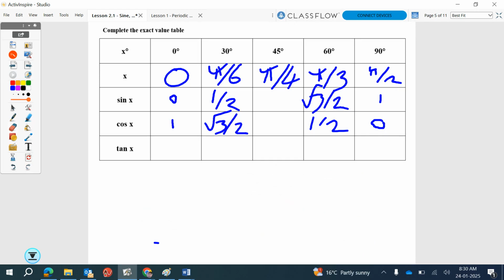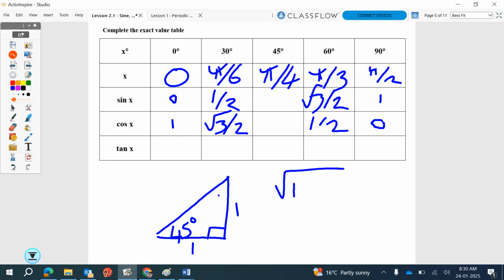We have another special right triangle, which is also this one. This time, this length here is 1, this length here is 1, and this angle is 45 degrees. So this one is also 45 degrees. Using Pythagoras' theorem again, we get 1 squared plus 1 squared, meaning root 2 is the length of this side here.